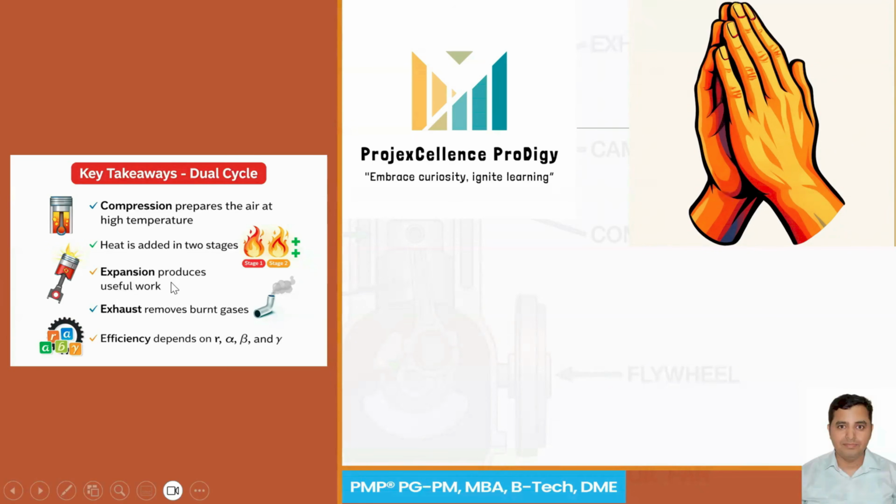Expansion of gases produces useful work, and the exhaust removes the burnt gases to complete the cycle. Finally, we saw the performance of the dual cycle depends on compression ratio R, pressure ratio alpha, cutoff ratio beta, and the specific heat ratio gamma.